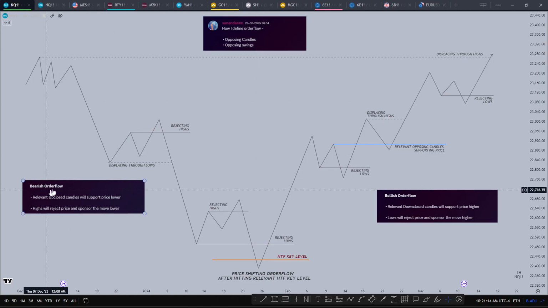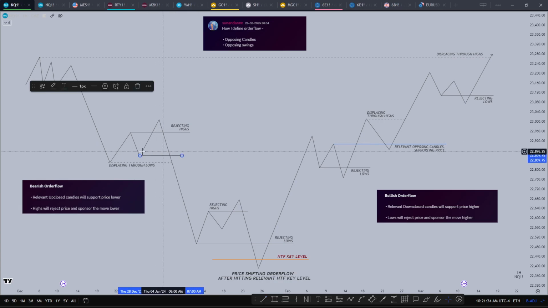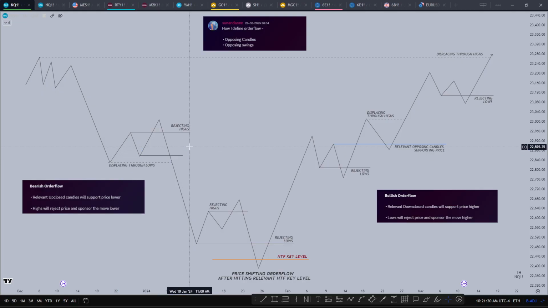Okay, when bearish, relevant up close candles will support price lower. Relevant up close candles or relevant order blocks. I have gone over order blocks. You have the definition, have the picture as well, have the schematic. I have explained how I define order block.